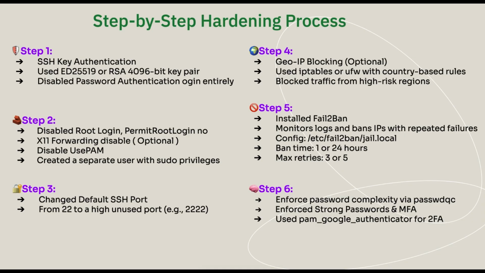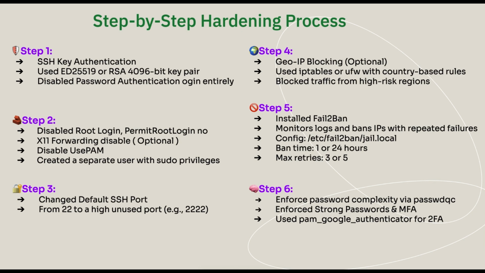Now we can see the step-by-step hardening process, how we can secure our Linux machine: using SSH key authentication, disabling password authentication, disabling root login with PermitRootLogin no, disabling X forwarding and UsePAM, and creating a secure sudo privilege user.